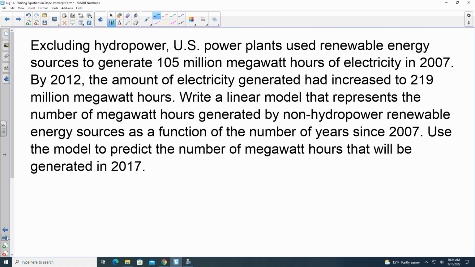It wants you to write a linear model that represents the number of megawatt hours generated by non-hydropower renewable energy sources as a function of the number of years since 2007. Use the model to predict the number of megawatt hours that will be generated in 2017.